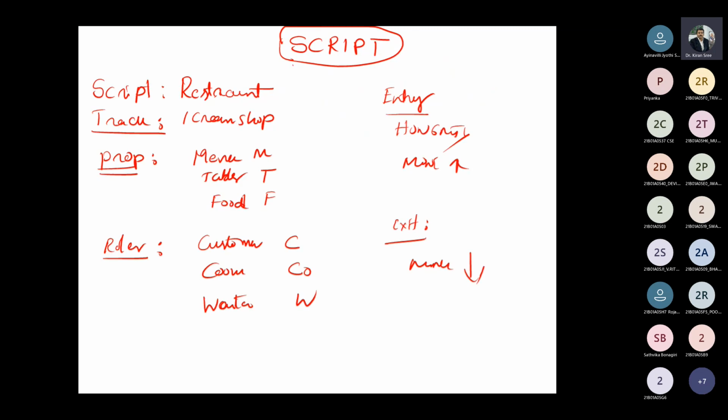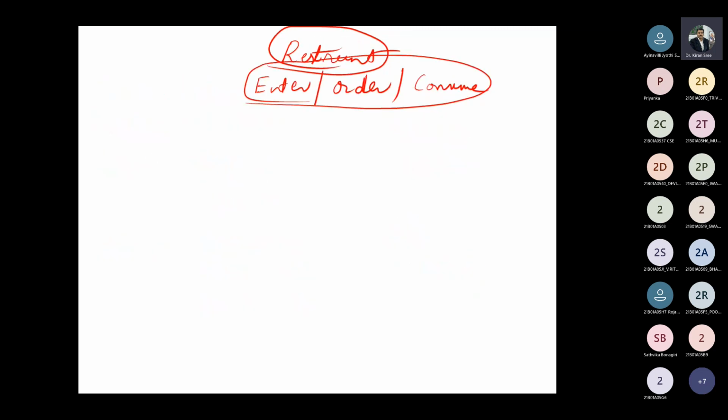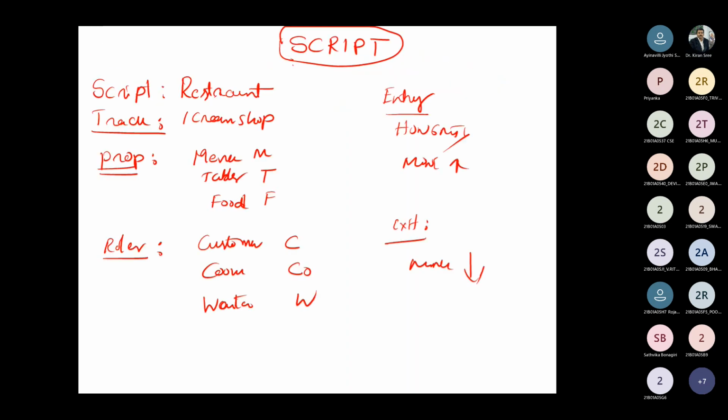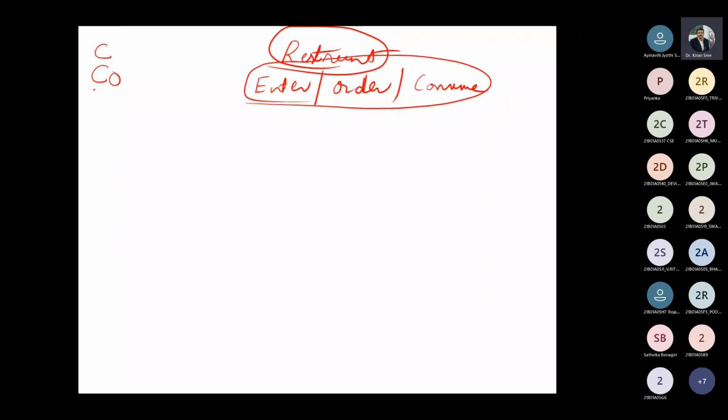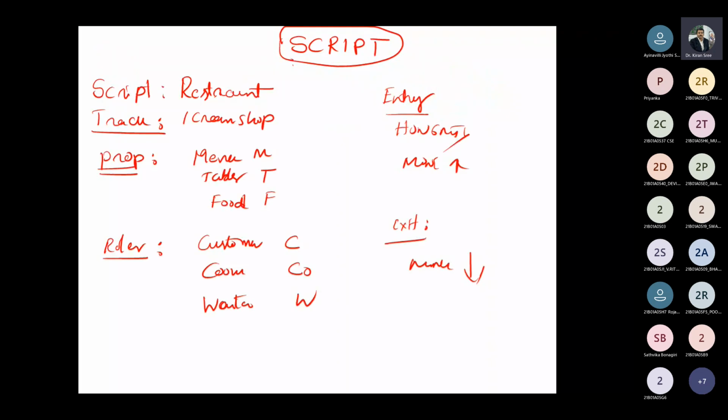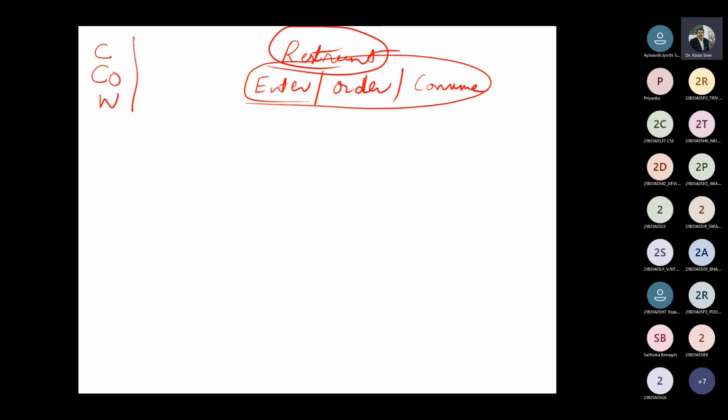As per the earlier slide, we have a customer. C is a customer. We have CO as a cook, and there is a waiter. And we have a set of properties: menu, tables, food.